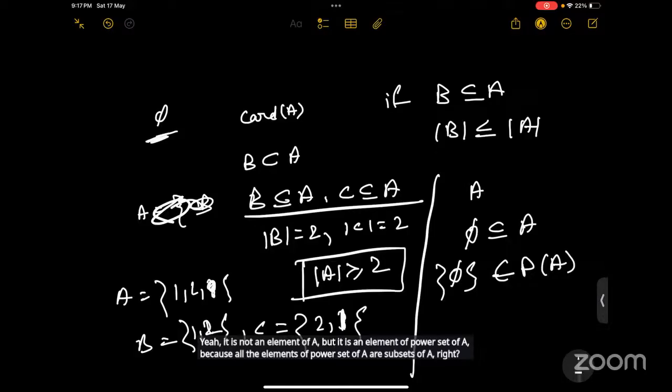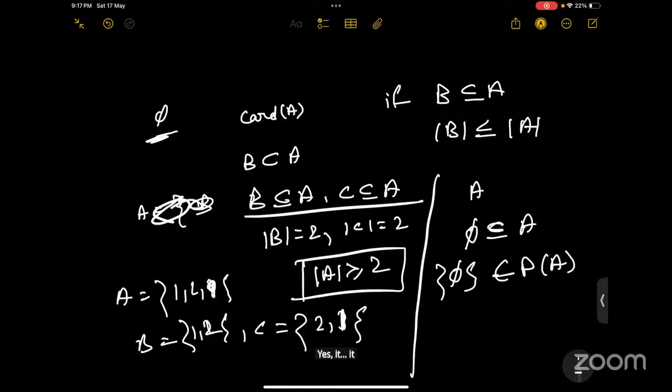But if something has to be a subset of a larger set, then it has to contain that set, right? Yes, it contains the set means this subset sign, and being a subset and being an element, these two are different things, right? Okay.